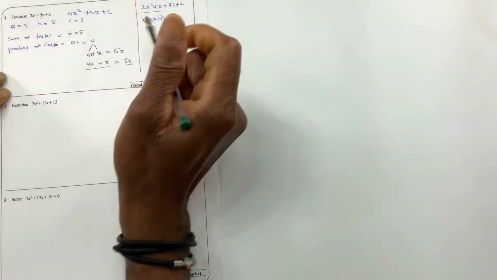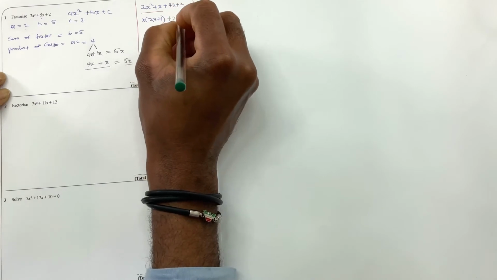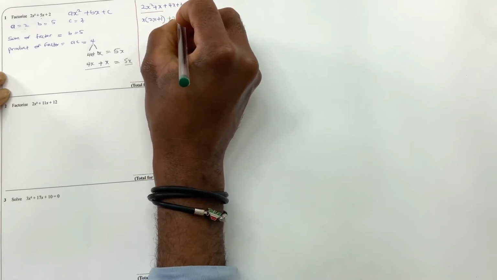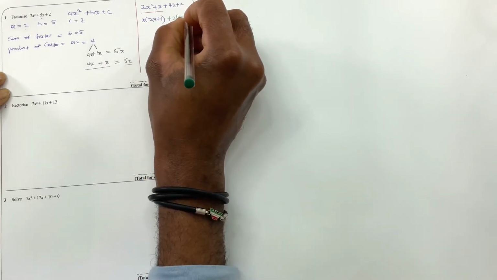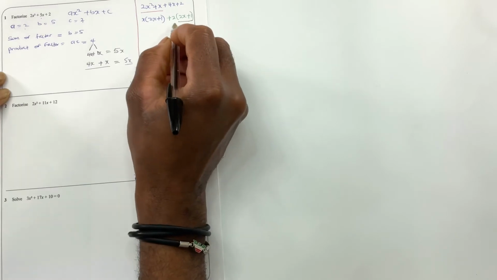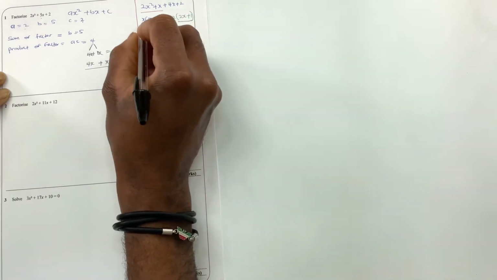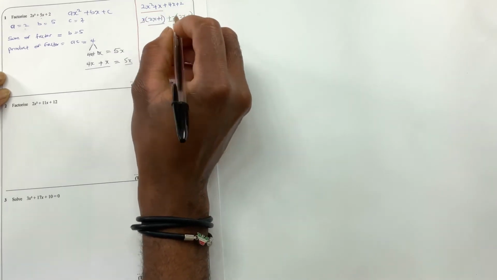Another common factor here is 2, so I'll write plus 2 into bracket 2x plus 1. As you can see, I've got a common factor here, 2x plus 1, and what's left is x plus 2.